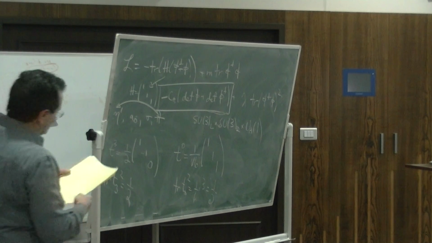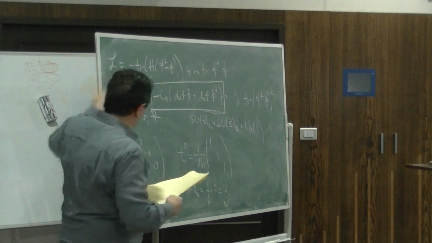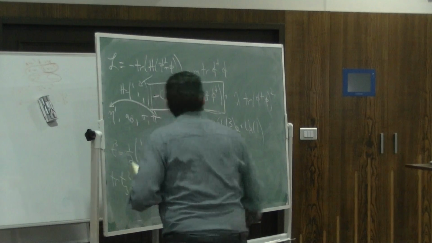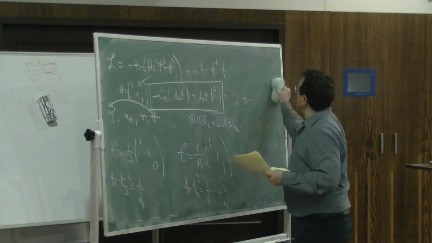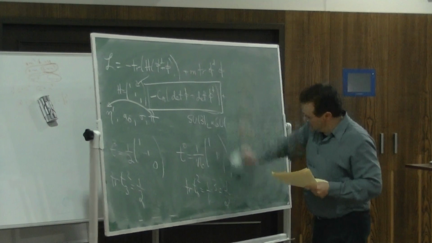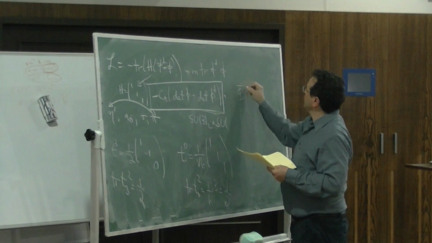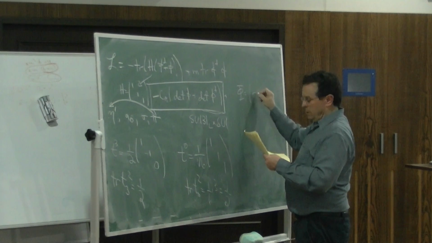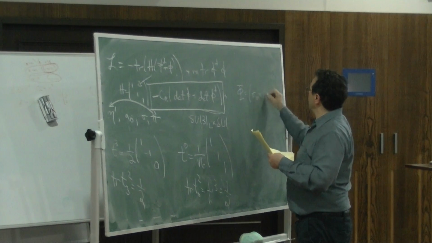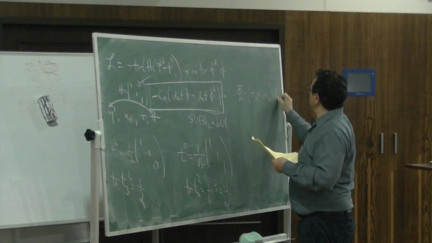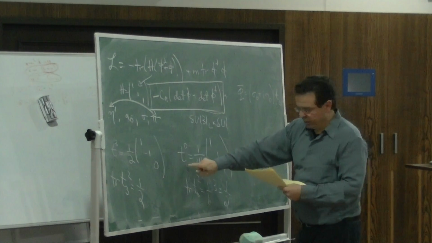Because what you want to do is compute to quadratic order. What you want to do is compute phi equal to sigma naught plus i eta naught times T naught, where this is this generator here.